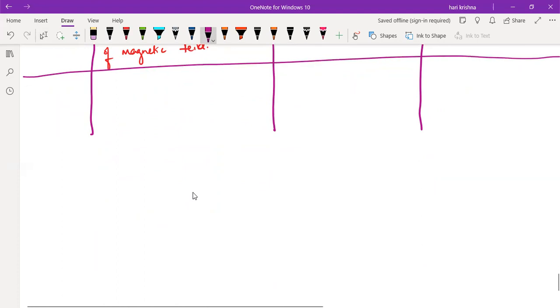The next one is ferromagnetism. What is the meaning of ferro? What is the meaning of ferromagnetic substance?